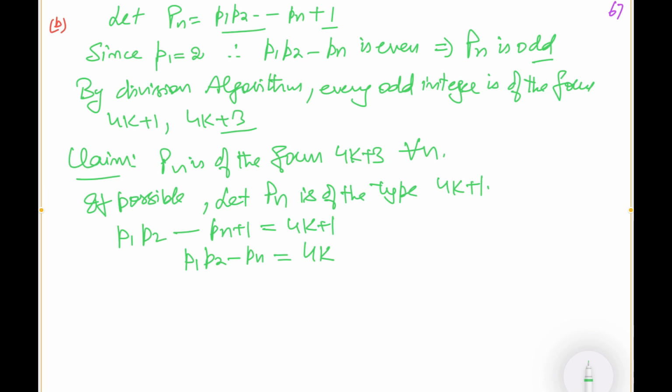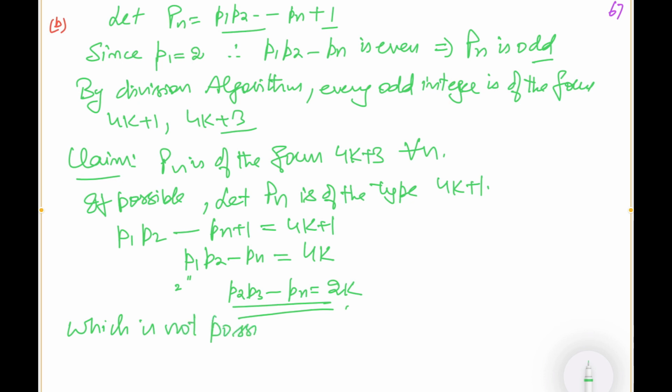As P1 is 2, so 2 will cancel from both sides. We have P2P3...Pn as 2k, which is not possible, as all pi for i strictly greater than 1 are odd.